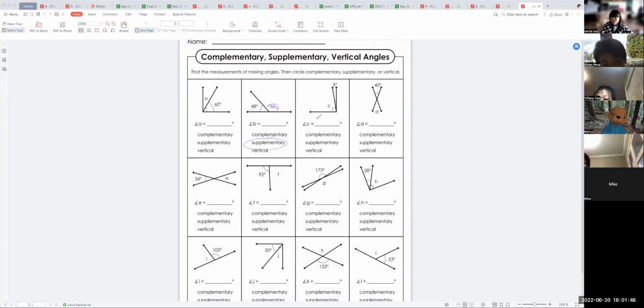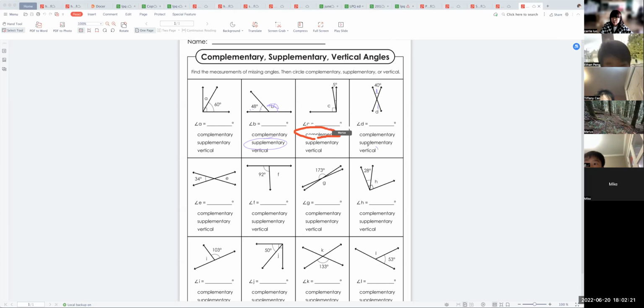Very good. So angle C, Maris. Complementary. Okay, complementary. Very good. Next one, number 4. Daniel. Supplementary. No, this one and this one, they are facing each other.